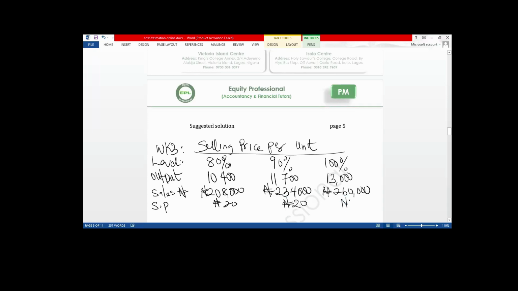That means the selling price at Apapa is 20 naira per unit. Because you are going to calculate contribution, you must have sales value.